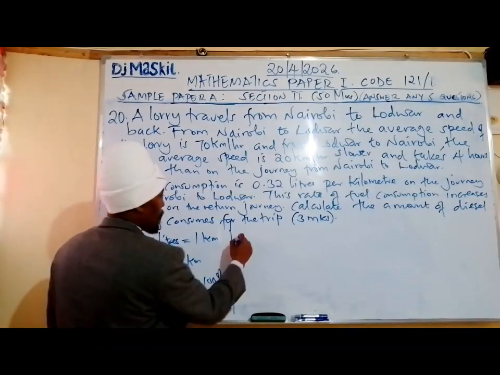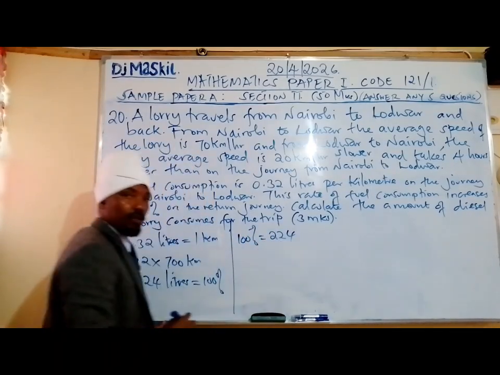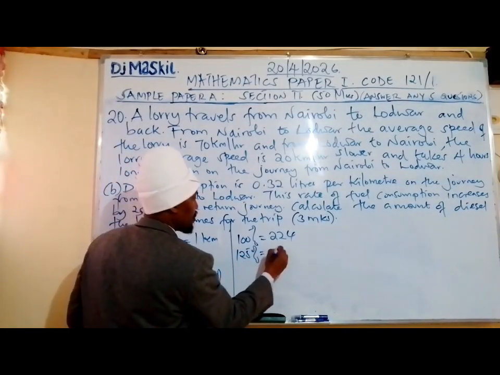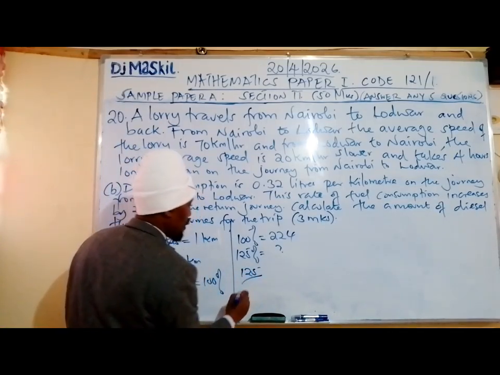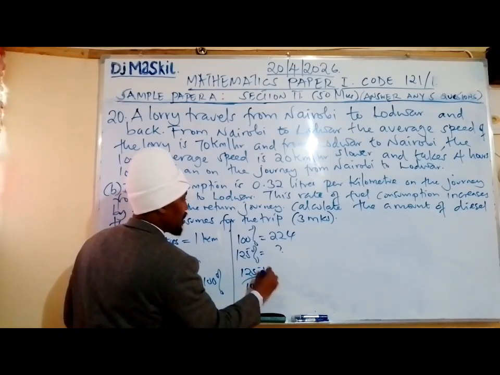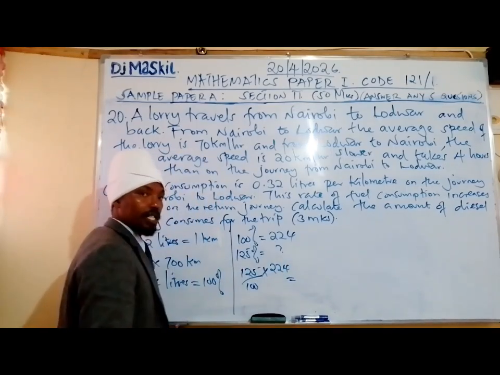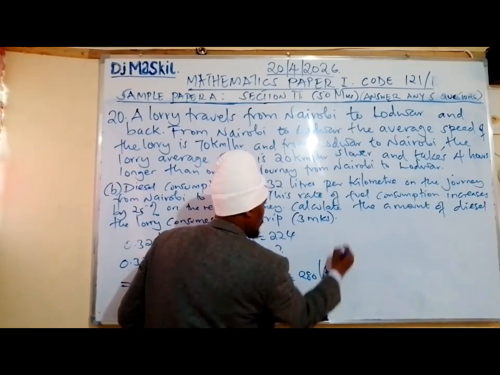So we are going to say 100% is equal to 224 liters. What about 125%? So this will give you 125 divided by 100 multiplied by 224. And this will give you 280 liters.